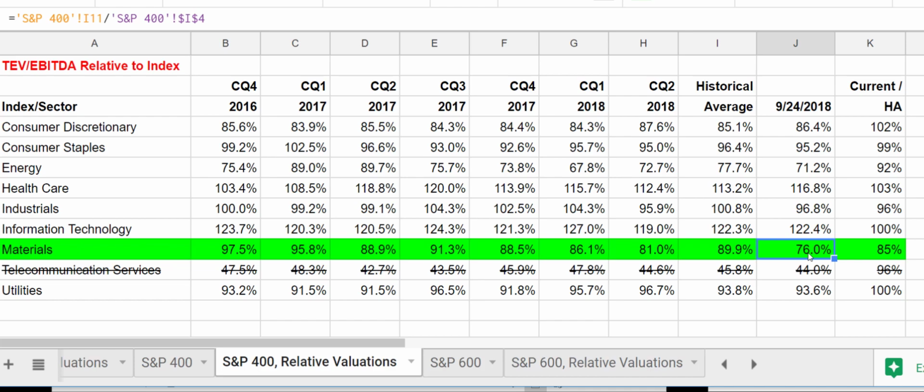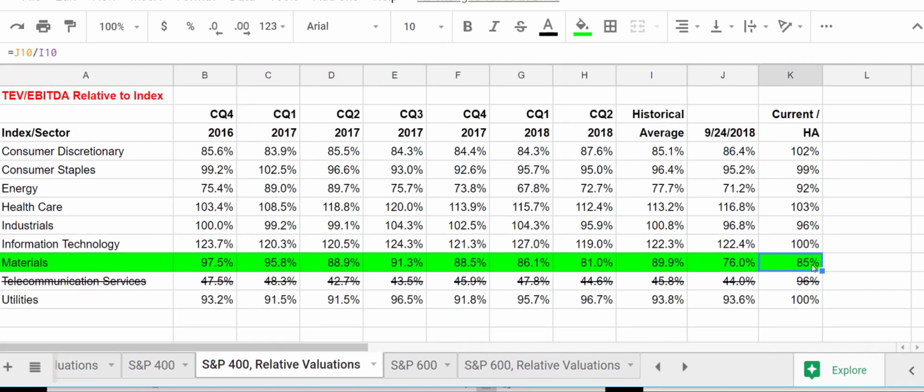So you're able to buy these companies in this sector for less than what you could have done historically. And of course, investors want to be able to buy things inexpensively. So when you compare that current ratio relative to the index to the historical average, or HA, it comes out to be low. It's 85%. So I would label this undervalued, all else being equal.